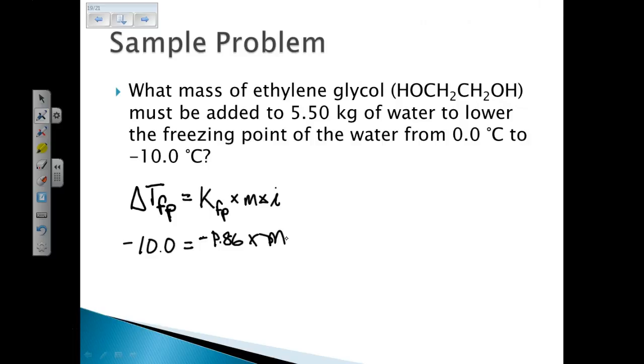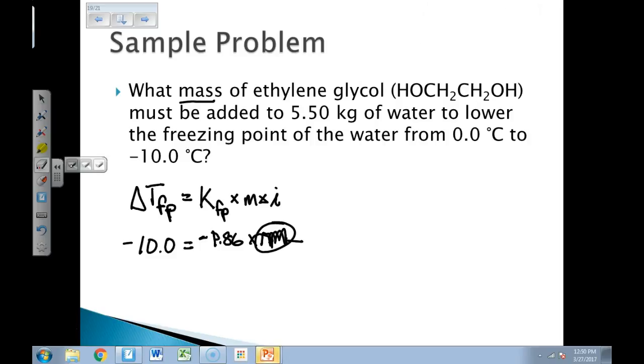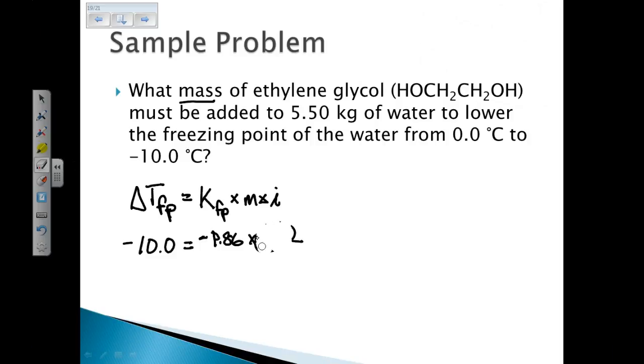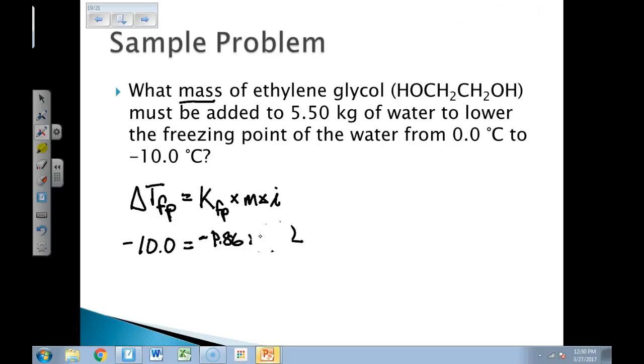That's what we're going to end up solving for, because we want to know the mass. The Van't Hoff factor doesn't have mass. The constant doesn't have mass, and temperatures definitely don't have mass. So the thing that we're going to be solving for is this guy right here, that I completely butchered when I drew it, but that's what we're going to be solving for.